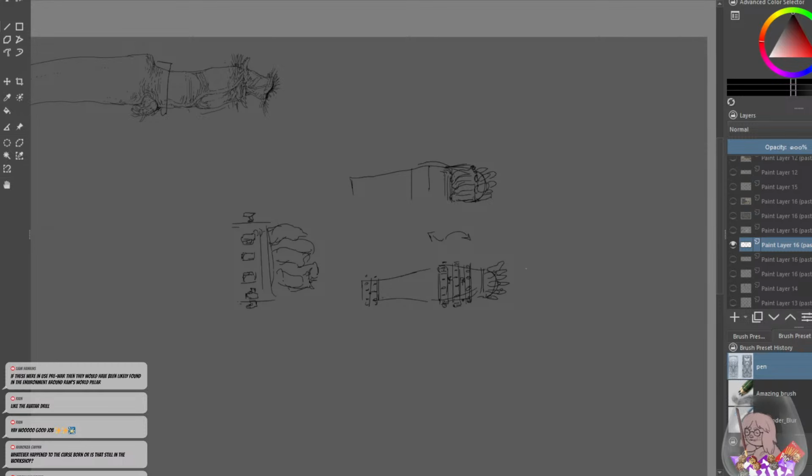Like the Avatar drill. Yeah, yeah. The Avatar drill does have like wheels all around it, right? The front.